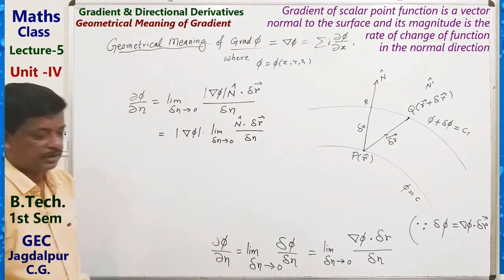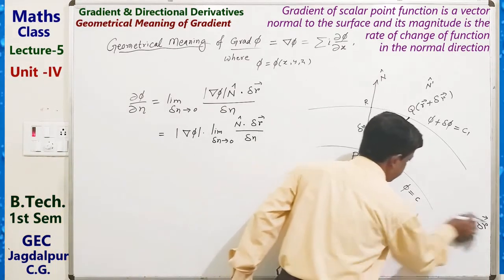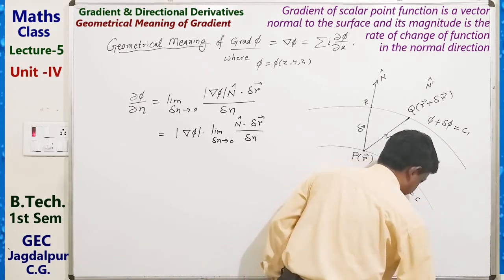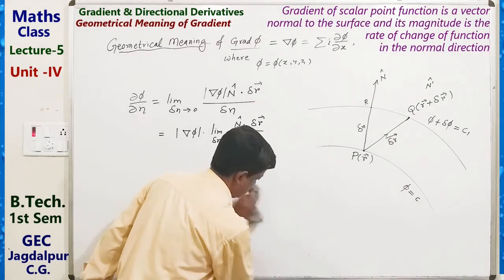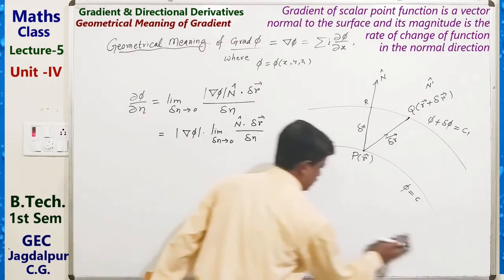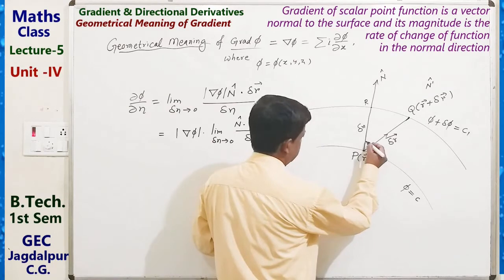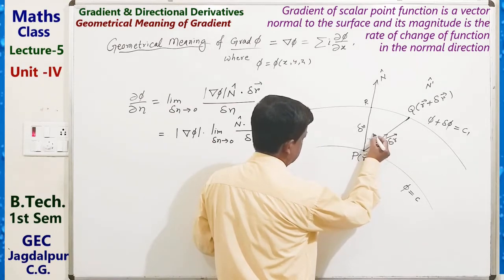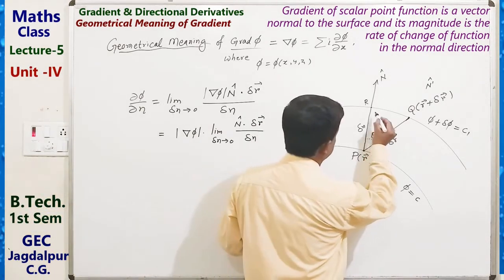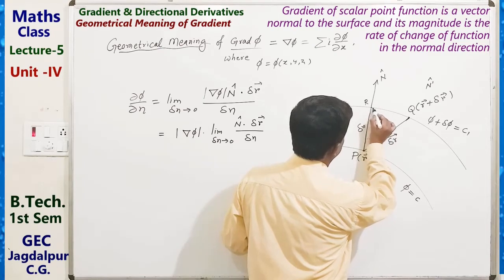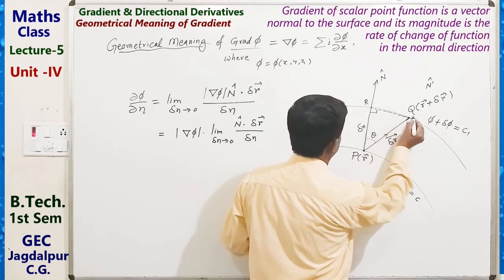Now see here in the diagram, suppose this is angle theta, and this is perpendicular.